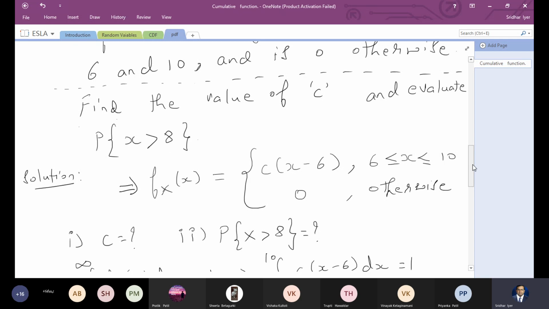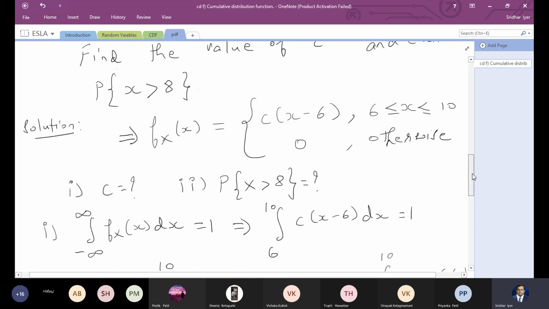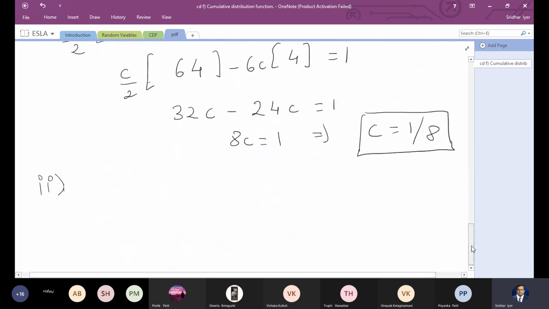Which property can be used to find the probability? Do you have any property which we can use to find the probability? Fourth property, sir. What is that property? Integration of minus infinity to x f_X(x) dx.